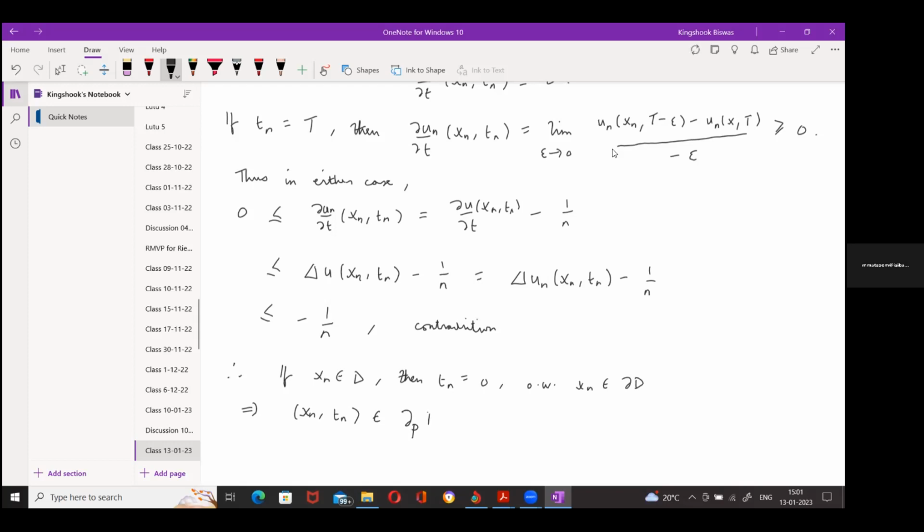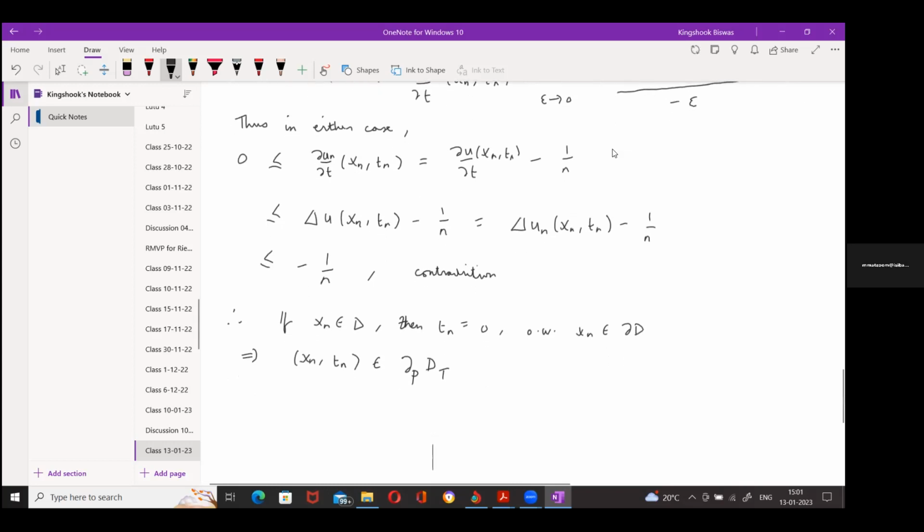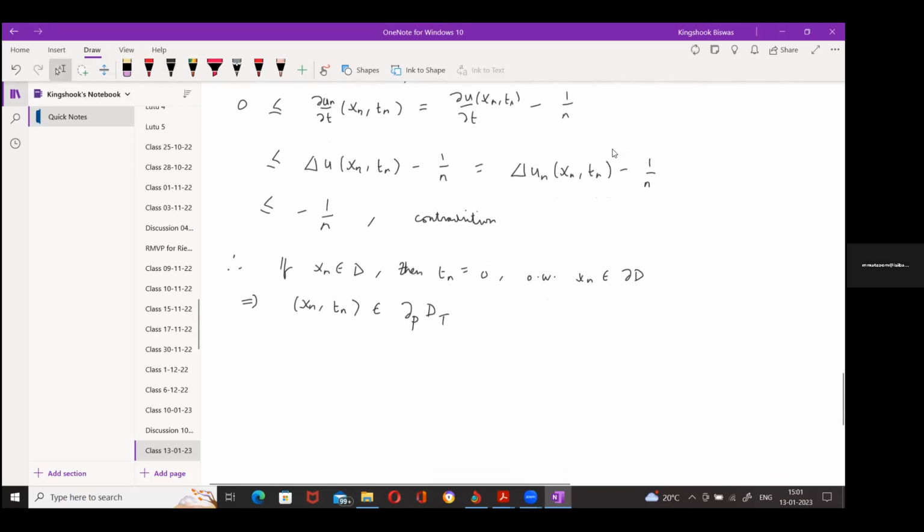Is this clear? Yeah, the parabolic boundary was D cross 0, so that's this case. Otherwise, boundary of D cross (0, T). So you have to be in one of these two cases. So that means xn, Tn belongs to the parabolic boundary.